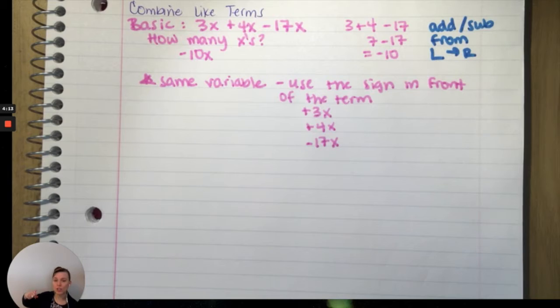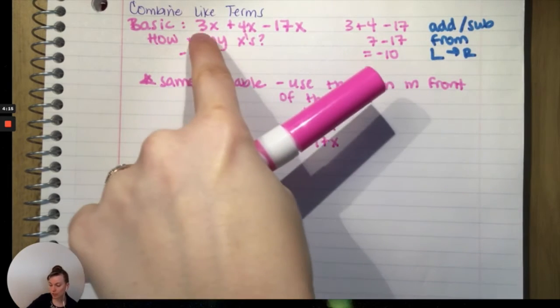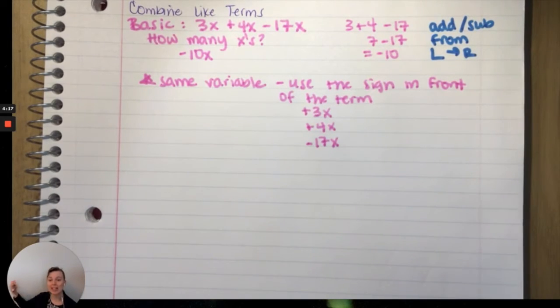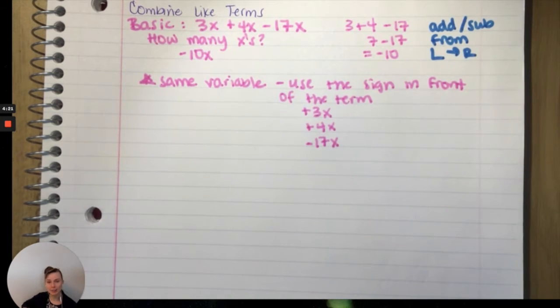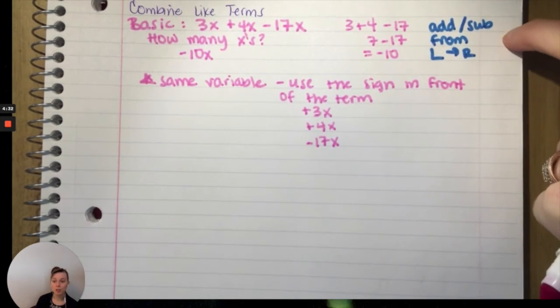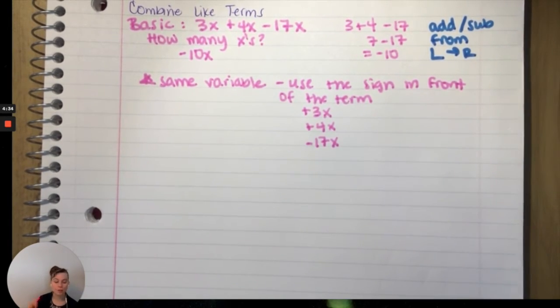Remember from 2 videos ago, that positive 3, if you don't see a positive, we assume it is positive. It's when you see the negative that we know for sure it's going to be negative. So I have 3x and positive 4 and negative 17, and I just combined all those together, and this is what I get. So combining means to do addition and subtraction from left to right. We have to go from left to right. Have to keep that order in order.